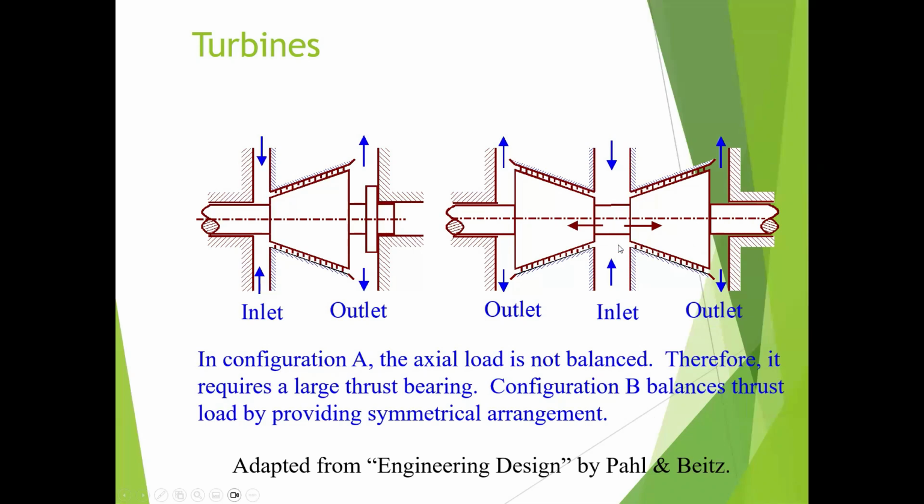So that means you need to have an extra additional mechanism for balancing. However, if you have this kind of configuration, that will be better. So this is my inlet. The gas will be fed this way and this way. So we have this gas flow and this gas flow, and they generate the axial load to the left. For this gas flow and this gas flow, they generate the axial load to the right.